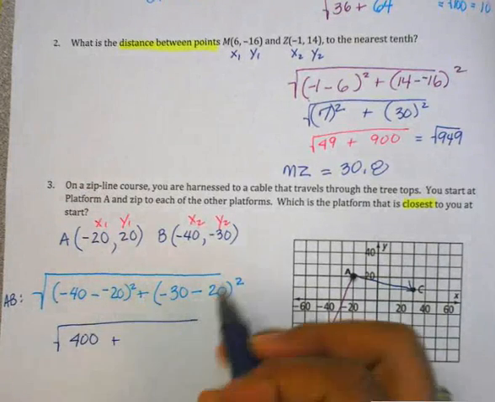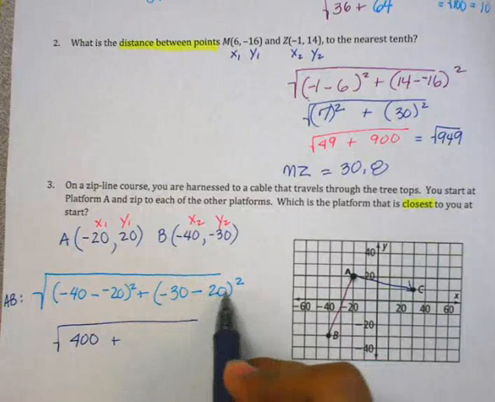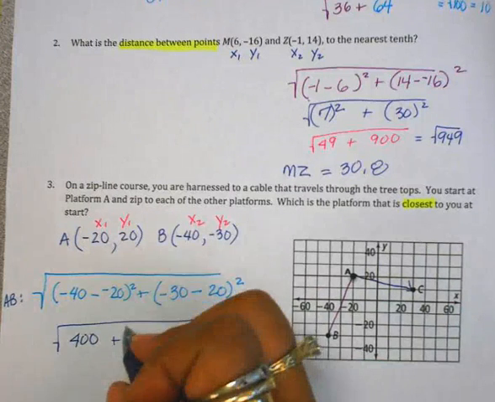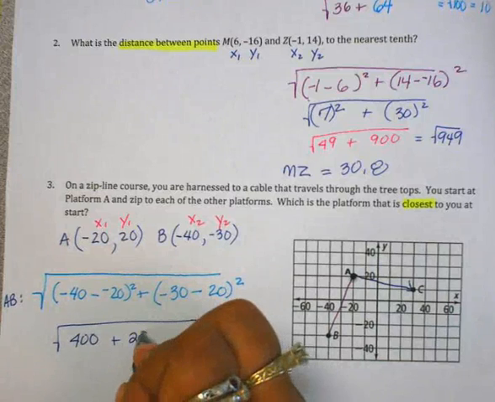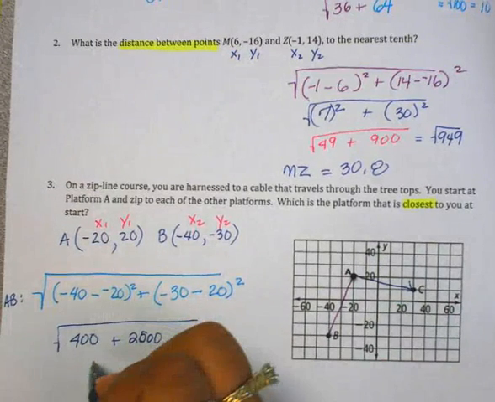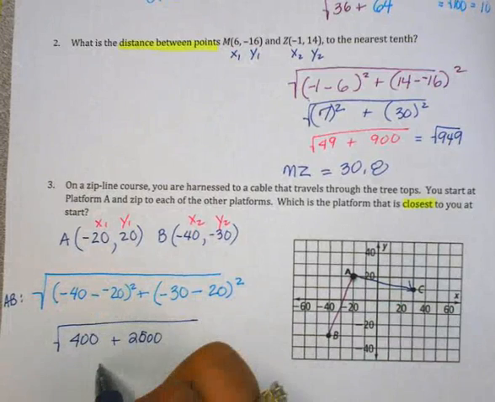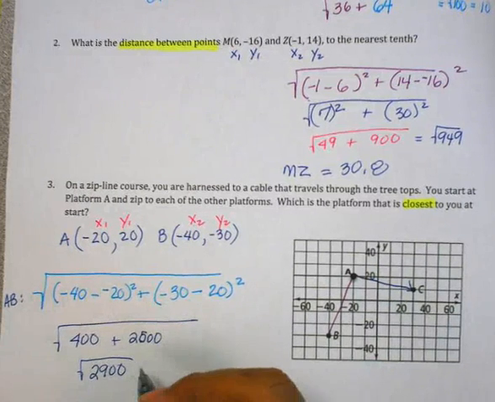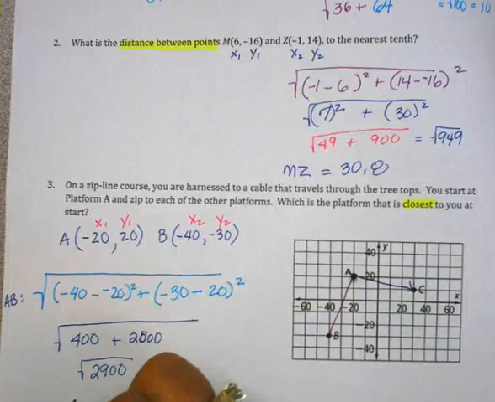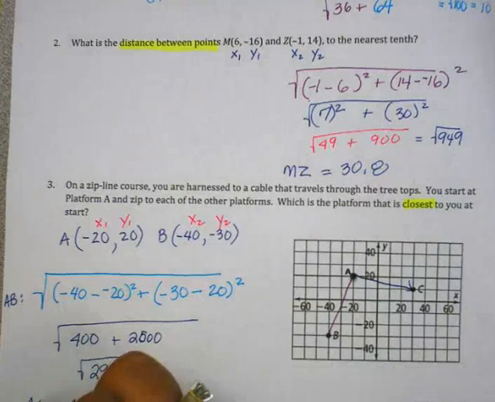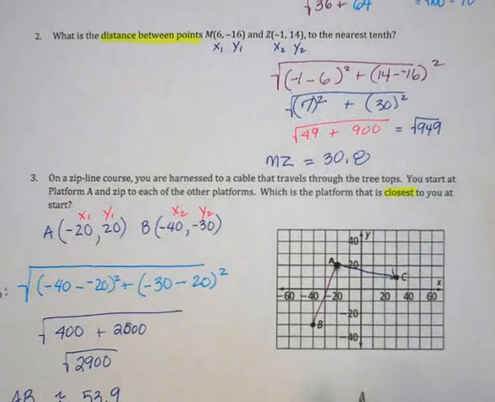Plus, -30 minus 20 is a -50 squared, so that's 2,500. 400 plus 2,500 is 2,900. Square root of 2,900 is approximately 53.9. So the distance from A to B is 53.9.